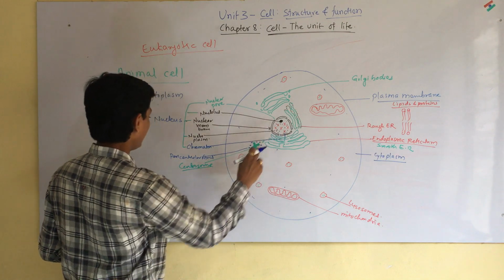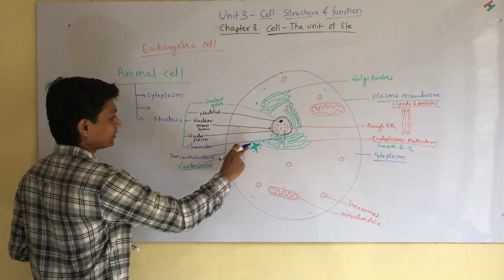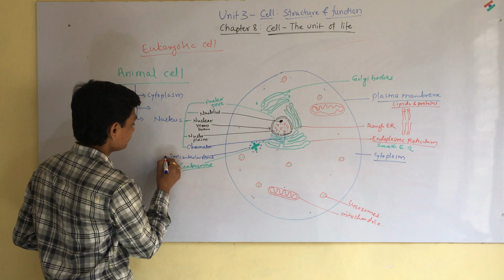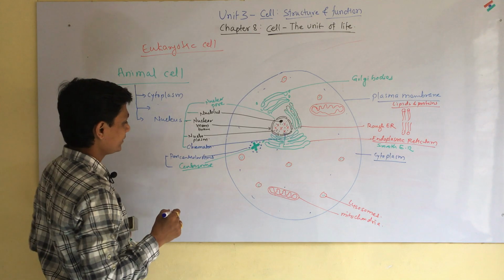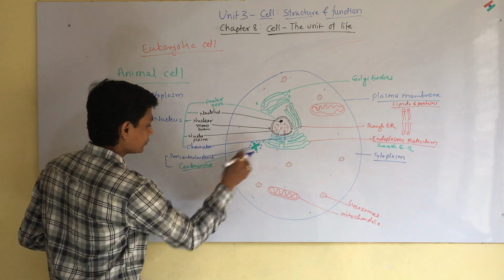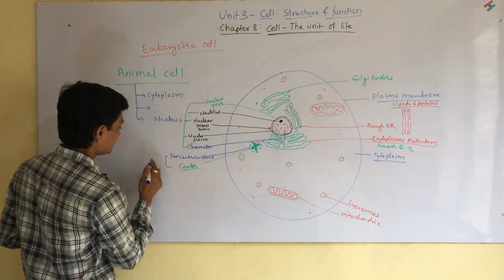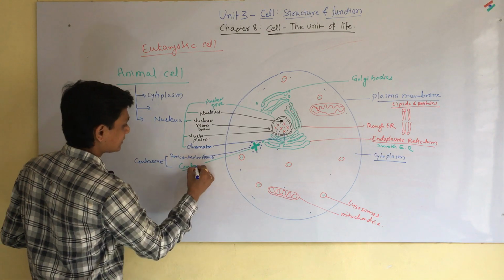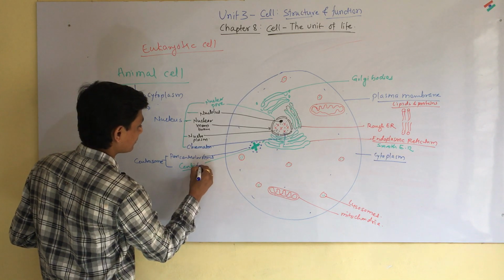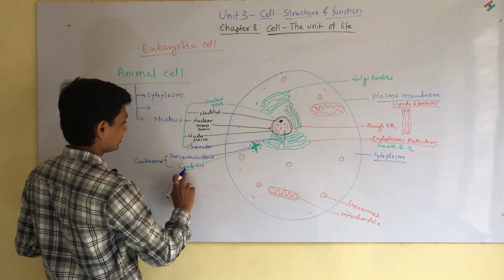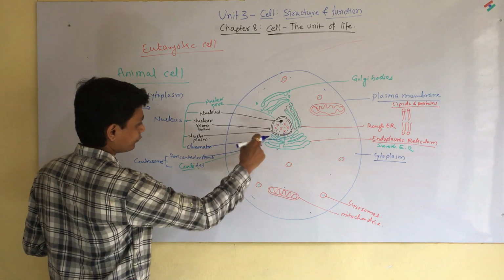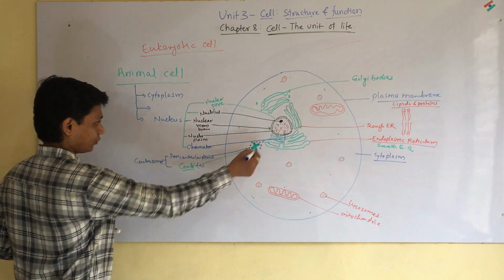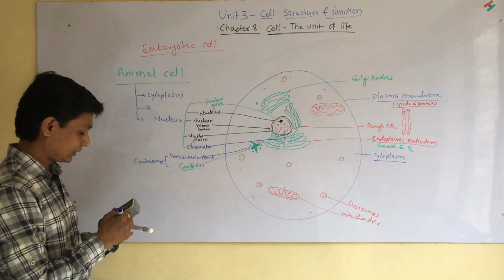to this periphery some fibers are present. They are 9 in number, and this whole structure is known as centrosome. These two structures are known as centrioles, and to the periphery of these centrioles, the pericentriolar fibers are present, and the whole structure is known as centrosome.